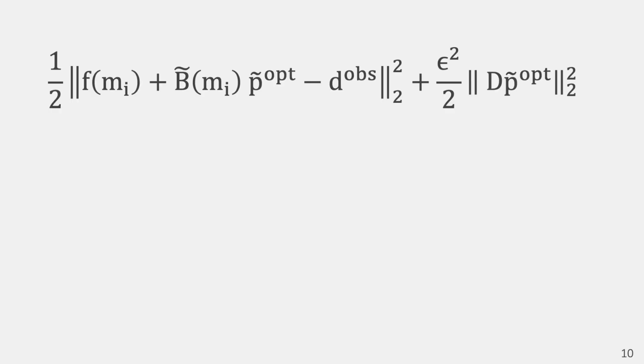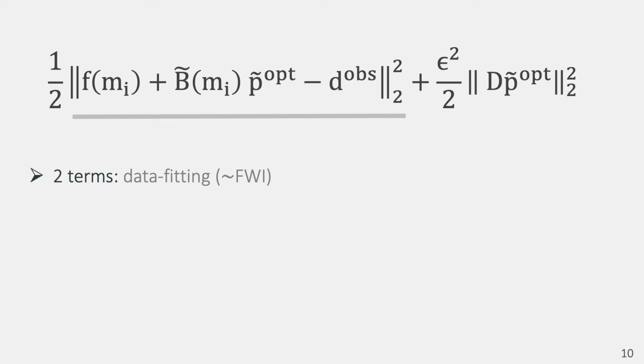Okay, so let's recap one more time everything we've learned about the FWIME objective function so far. This is our FWIME objective function, and as we saw, it is composed of two terms. First, the data fitting, which we saw was a modified version of the FWI objective function. Then, the annihilating term.